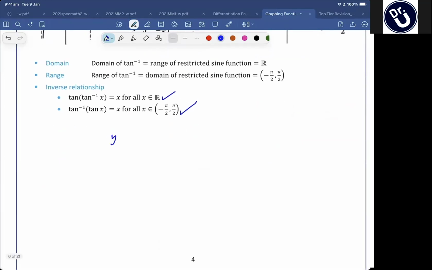When you have y is equal to tan x, what is the y value? Y value is real, all real. What is the x for tan? We have some restrictions because of the vertical asymptote, but if you think about a period, that would be minus pi divided by 2 to pi divided by 2, right?